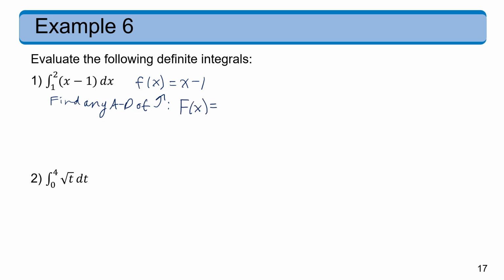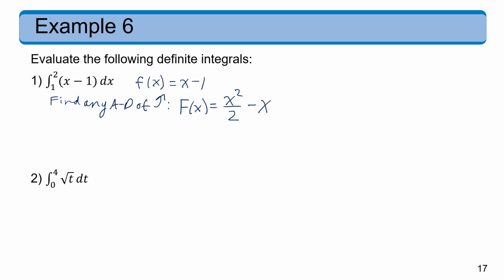Okay, so we've had practice with finding antiderivatives, so with a difference we can go term by term. So the first term is x. Using the power rule backwards, we get x squared divided by 2. Now we move to minus 1. The antiderivative of any constant is just that constant times your variable. So here it's minus 1 times x, which is just minus x.